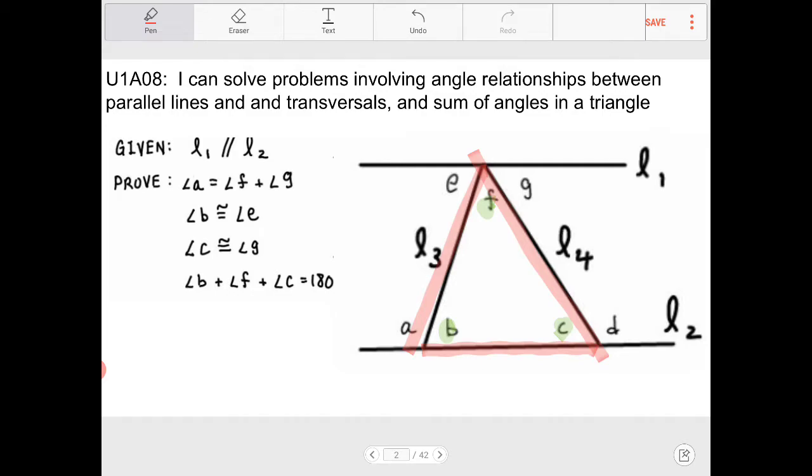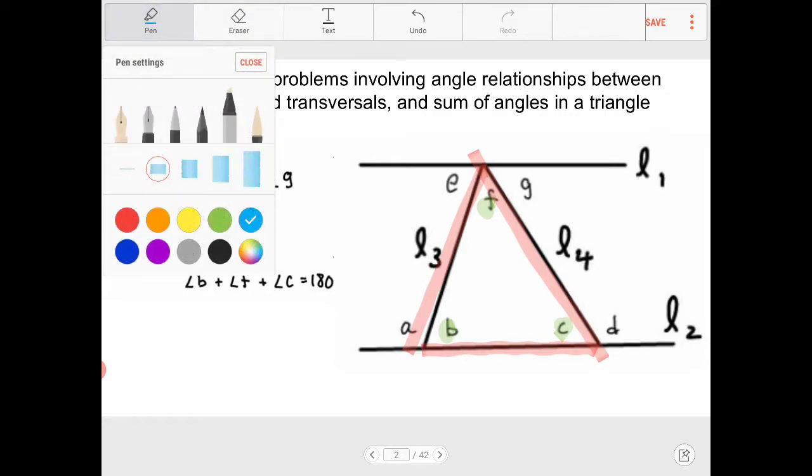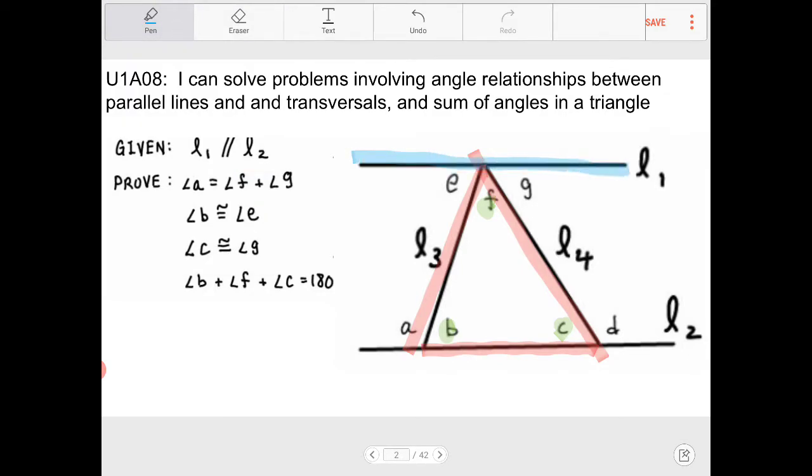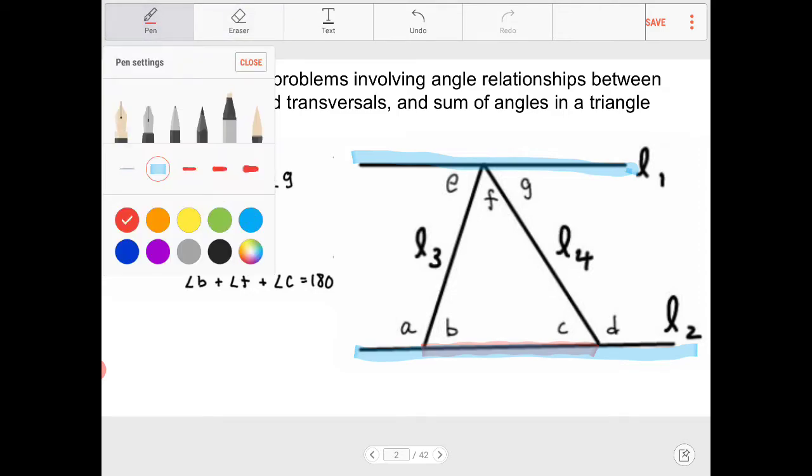All right, so now that we have all these, the only thing that's actually given in the problem is the fact that the two lines here, L1 and L2, are parallel. That's the only fact. So having this understanding, let's try to go through this and formulate our understanding together, okay?